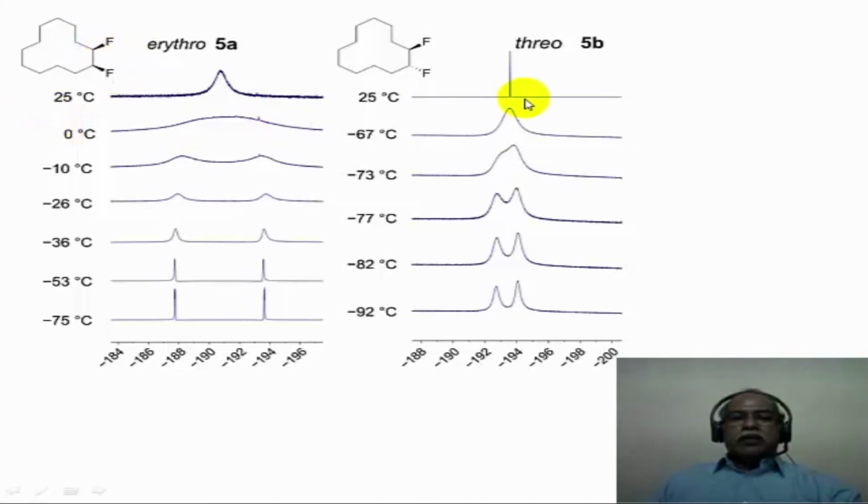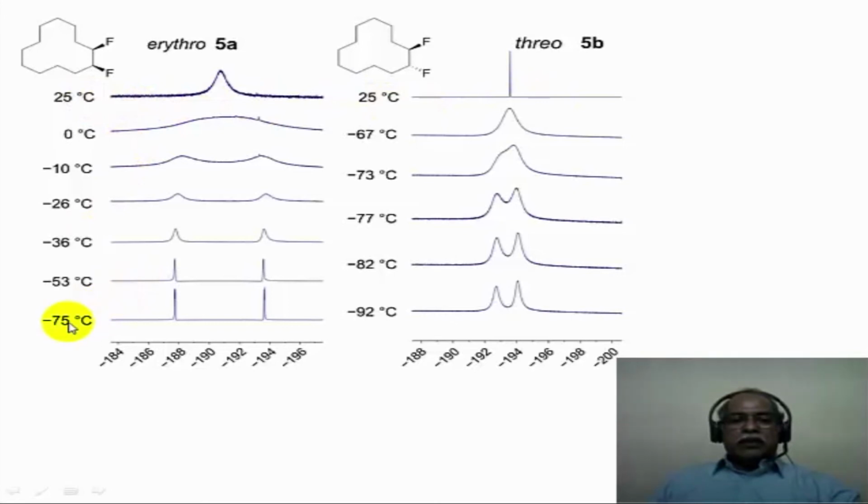So at room temperature, when you measure the spectrum, where this undergoes a rapid interconversion among the various conformations, NMR won't be able to distinguish between these two fluorines being either axial or equatorial in this particular macrocyclic system. So it essentially gives only one signal for the threo and one signal for the erythro for the two fluorine atoms, and this is essentially seen at room temperature.